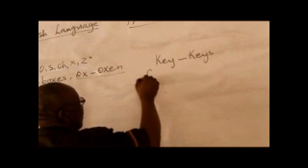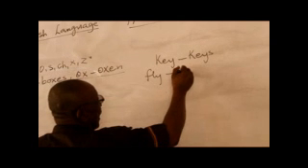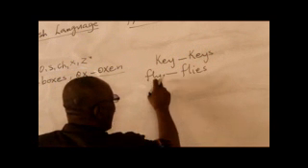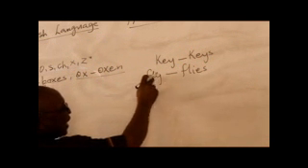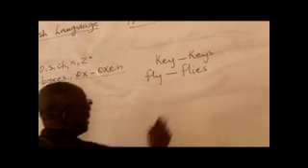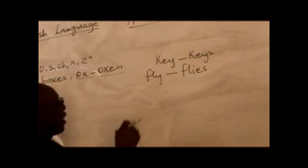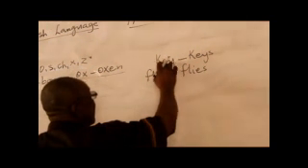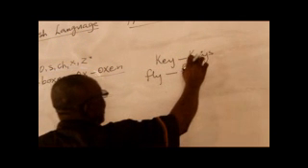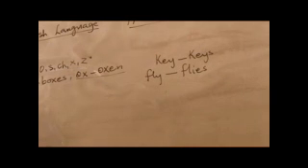You have fly, and it becomes flies. So when Y is preceded by a consonant, you must change the Y to I before you add the ES. But when the Y is preceded by a vowel, you don't change the Y. So that is the second rule.